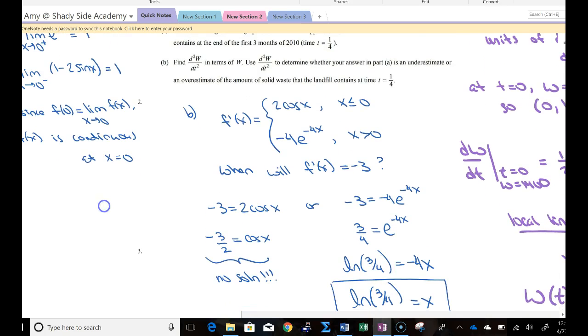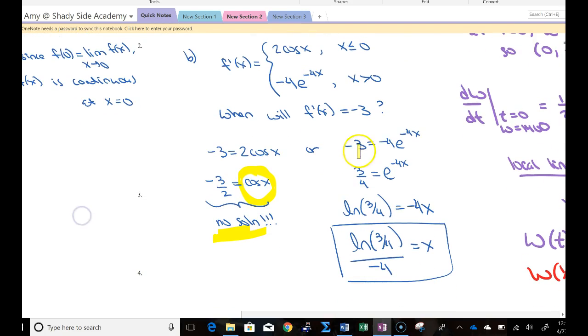On the left-hand side, when I divide by 2, the cosine of something equals -3/2, or -1.5. There's no solution here, because cos x fluctuates between -1 and +1. It'll never dip down to -1.5.